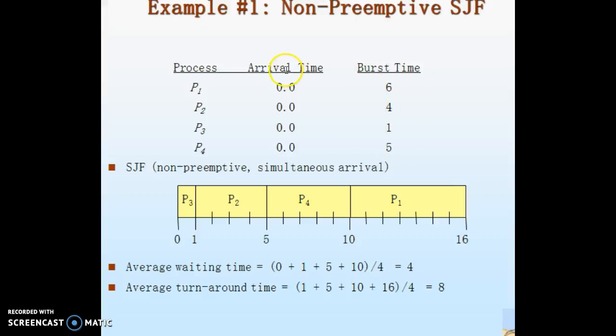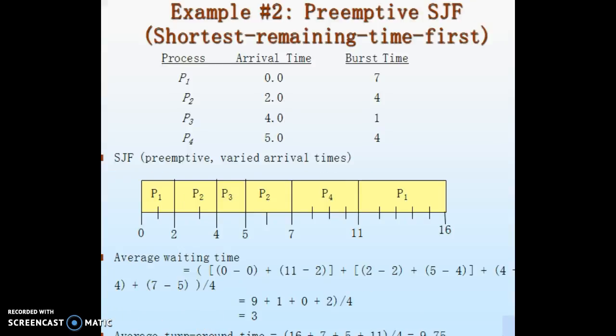All arrival times are 0. See the Gantt chart. Average waiting time is 0 plus 1 plus 5 plus 10 divided by 4, that is 4. Average turnaround time is 1 plus 5 plus 10 plus 16 divided by 4, that is 8 milliseconds.